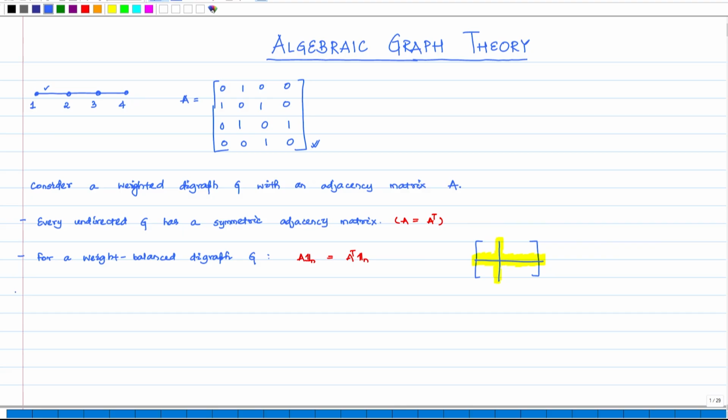Now, is a weight balanced digraph always symmetric in nature? I will not answer this question. This question is for you to try out. Let me write the question here.